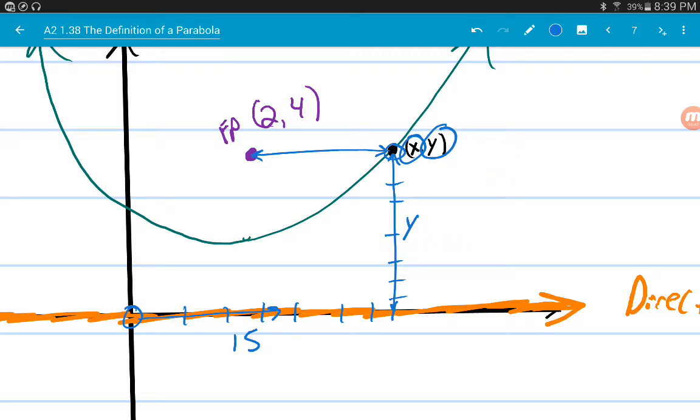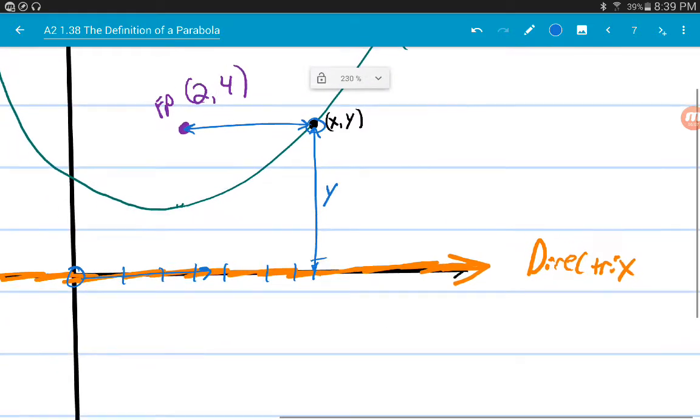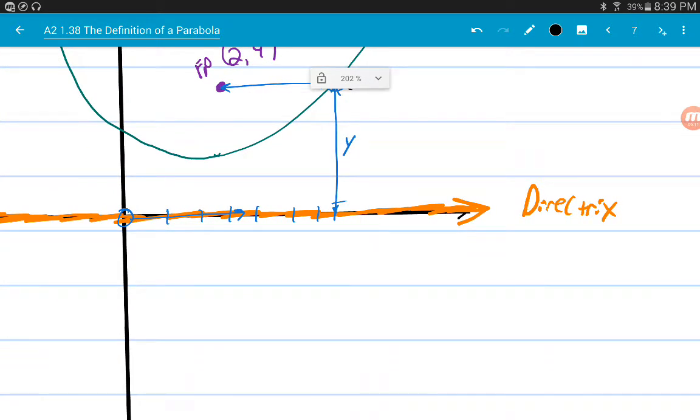But since we're using an arbitrary point, x comma y, it means that that line must be equal to y. I'm going to clean this up a little bit. So I know this equation, this one's fine, I'm good. The other line is going to require the distance formula.